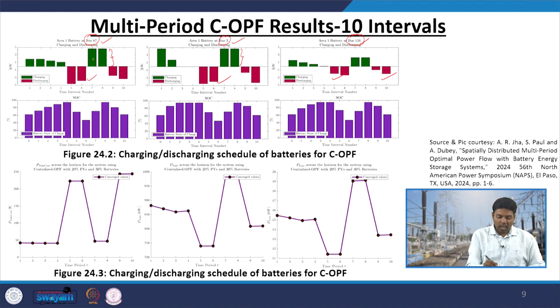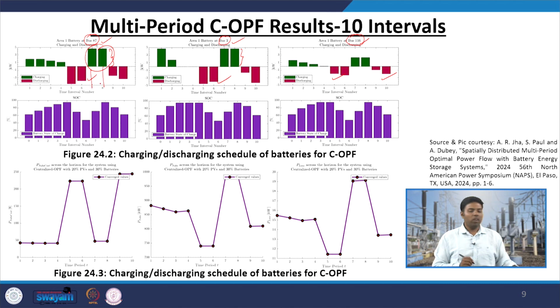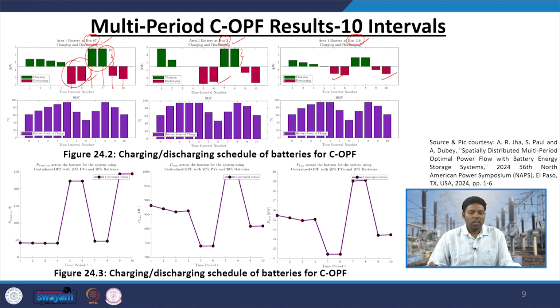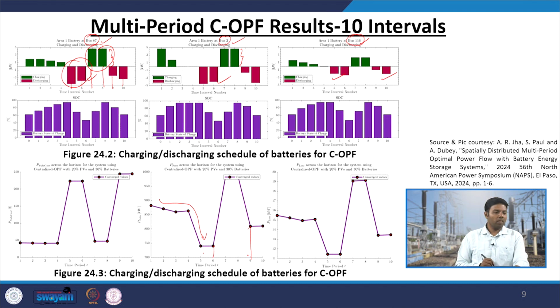So, the charging operation happens between 7 and 8 when your energy cost is low, and discharging happens between 5, 6 and 9, 10 when your energy cost is very high. That means your battery is operating to support the network to achieve lesser cost, and depending on that, your power purchase from the substation is reducing from 4 to 5 and 6, and increasing at 7 and 8.